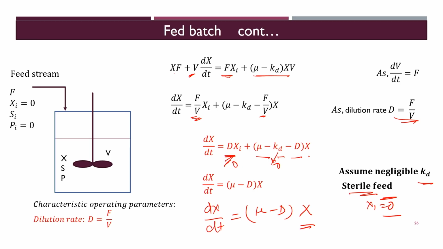Further, we will be seeing that this fed batch is operated at a high biomass concentration. So, typically dx upon dt can be considered constant, and that we will be calling quasi steady state.